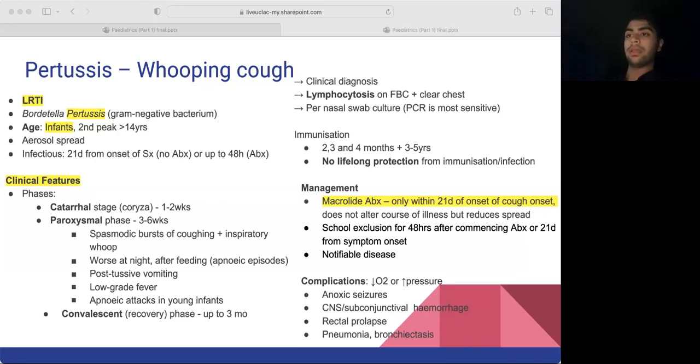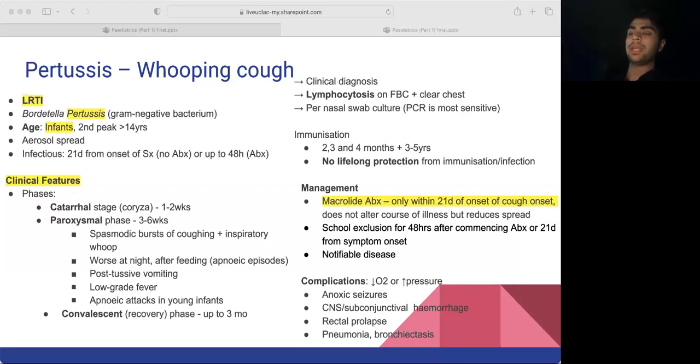So this is quite a long illness, and it's diagnosed clinically. But in terms of what test to run, the most sensitive test is a nasal swab culture, so PCR. And the bloods will characteristically show a lymphocytosis. And the reason why that's emphasized is because bacterial infections typically won't cause a lymphocytosis, they will cause a neutrophilia, whereas whooping cough is quite unusual because even though it's a bacterial infection, it characteristically causes this increase in lymphocytes.